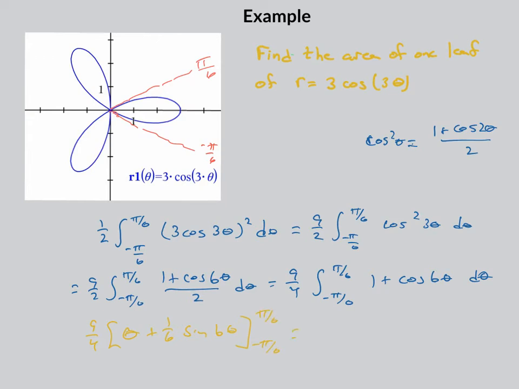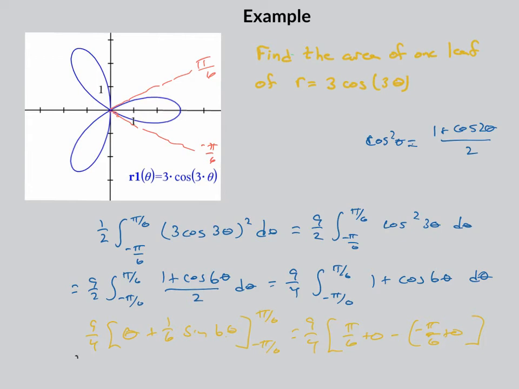So when I plug in pi over 6, I will get pi over 6 there, and the sine term is going to be 0, minus, when I put in a negative pi over 6, I'll get negative pi over 6 there, and again plus 0.